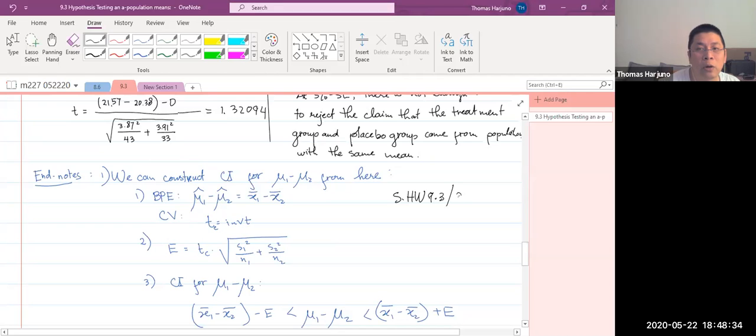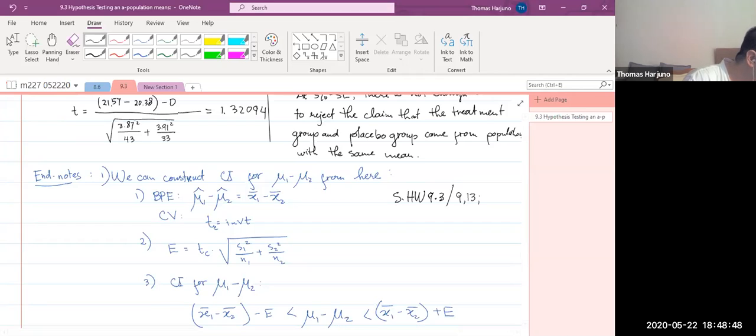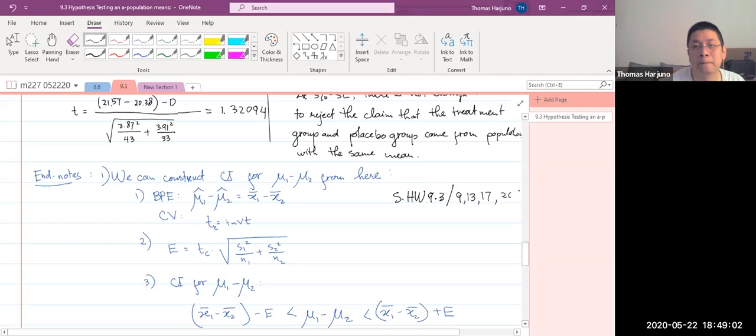I know this seems to be long, that's why I gave it to you as homework. This is testing. Number 13, and then number 17. Maybe one more, number 20. Okay, that's for section 9.3.